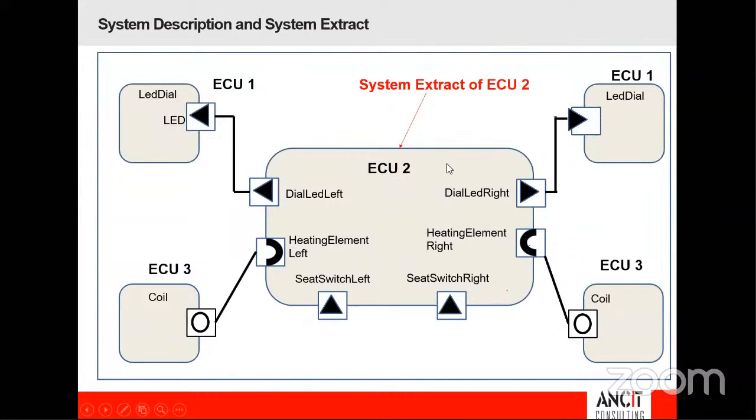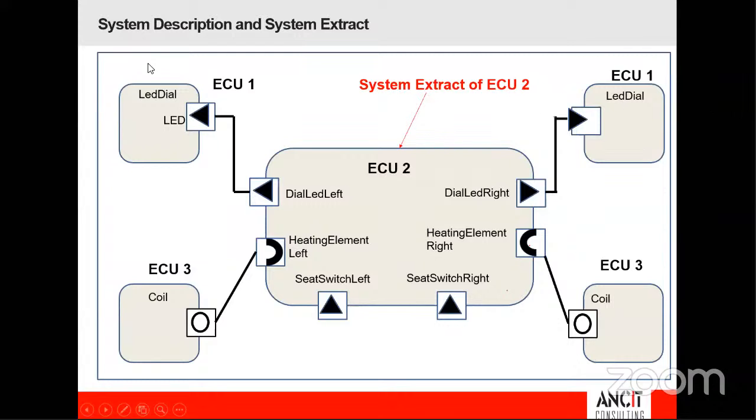There is an ECU2, which has the heating controller software component. And there's an ECU3, which tells you that this coil software component is located in another ECU. So there are primarily 3 electronic control units and 5 application software components.